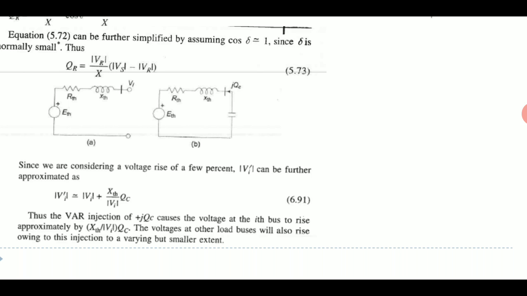Thus the VAR injection of jQC causes the voltage at the ith bus to rise approximately by XTH by Vi into QC. So this is what you need to understand: the amount of VAR that has been injected increases the voltage by the XTH, that is the Thevenin reactance, divided by the voltage, into that VAR.